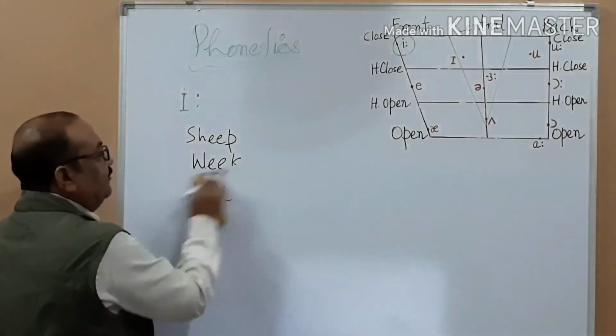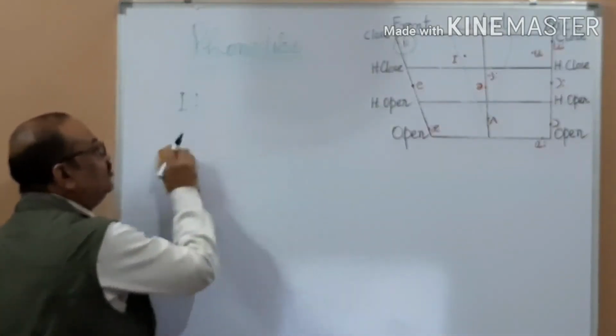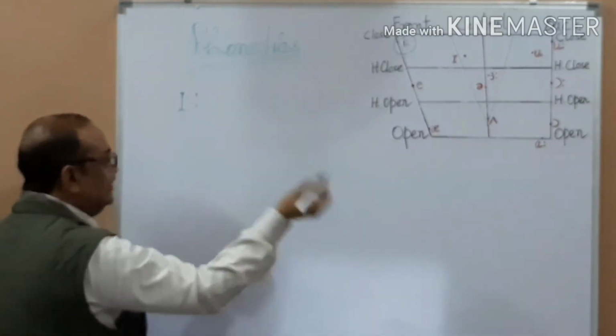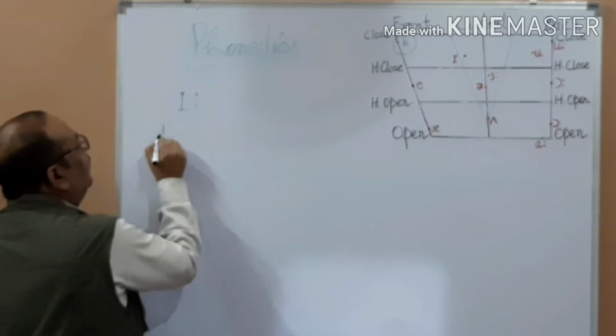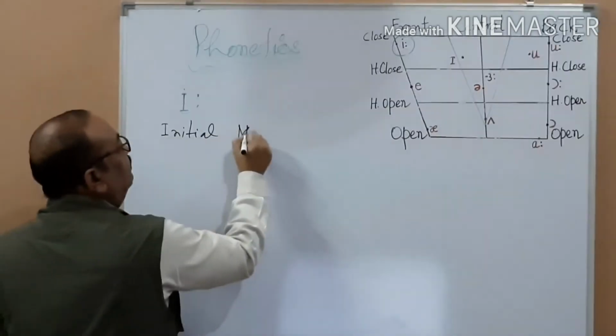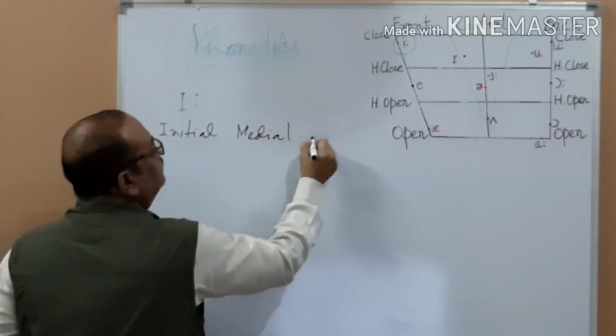Well, we can do one thing. We can write the 3 different positions of this E, like eat, as he said: initial, medial, and final.